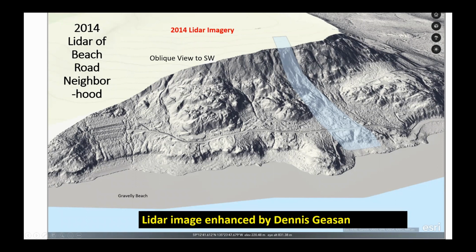But we had it fortunately in 2014, and it was done again after the landslide. And Dennis Geeson did some things to make it easier to see. It's kind of 3D, and he changed the lighting to make it easier to see the features. And here's where the slide is in blue, and here's the road there. So according to the maps, this is all ultramafic.